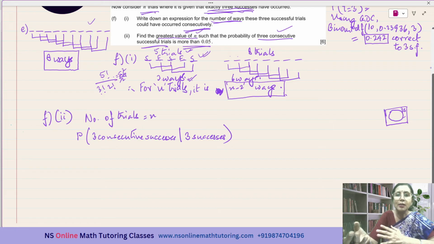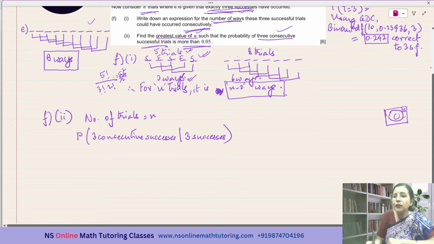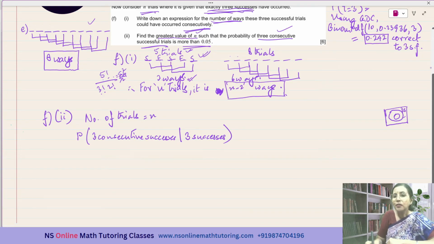That is when you have considered only 3 successes, both consecutive and non-consecutive. Okay. Therefore, this 3 consecutive successes will be a subset of 3 successes, because 3 successes will be an addition of 3 consecutive successes and non-consecutive successes.